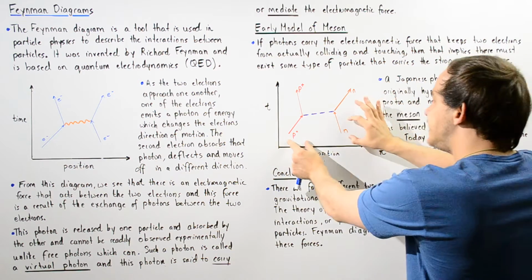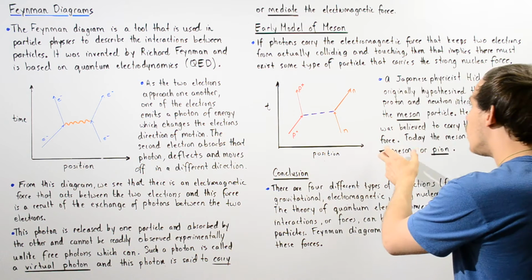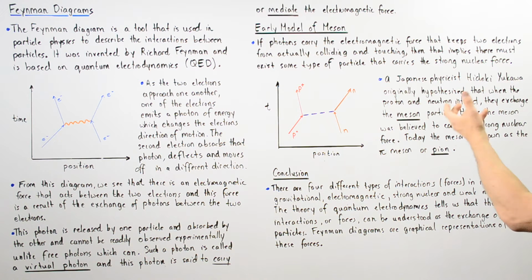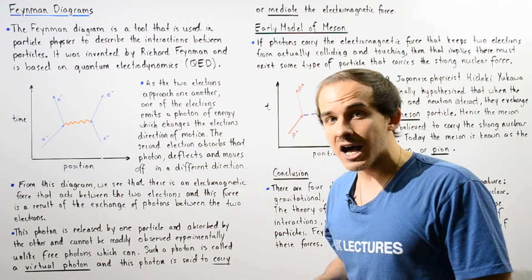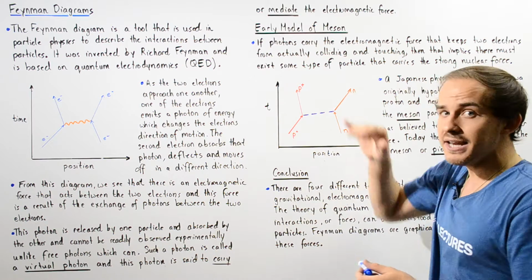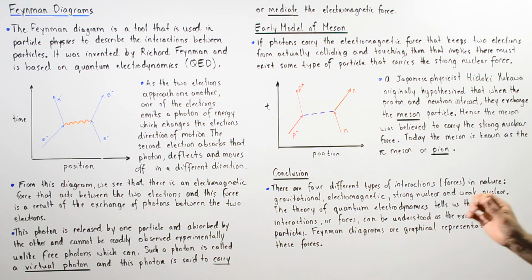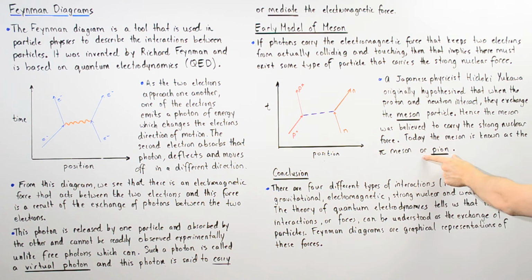The proton and the neutron were believed to exchange a particle we call the meson. So it was believed, at least early on, that the meson is the particle that carries or mediates the strong nuclear force. Now today, the meson is known as the pi meson or the pion.